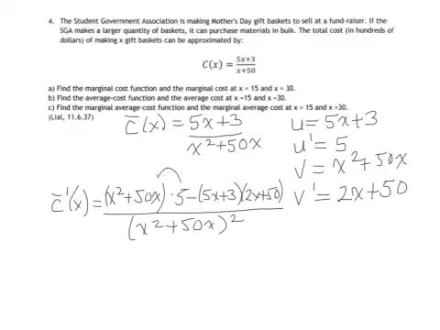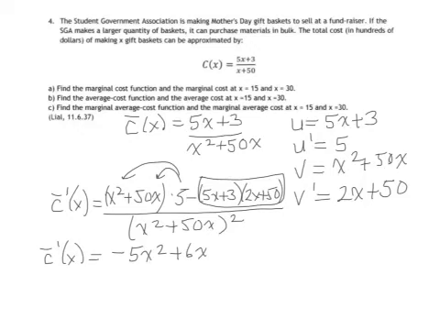So here you'd be multiplying 5 by each of those terms in the bracket, and here you would be expanding those brackets, collecting like terms, and when you've done all that, you're going to have the marginal average cost function looking like this: minus 5x squared plus 6x plus 150, and that's all going to be over x squared plus 50x, and all of that squared.